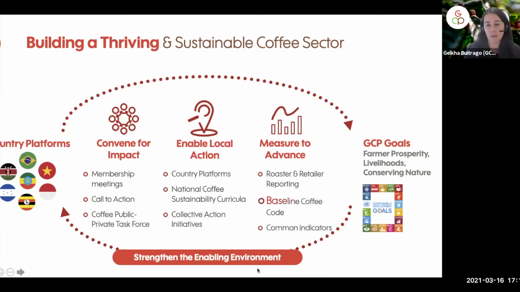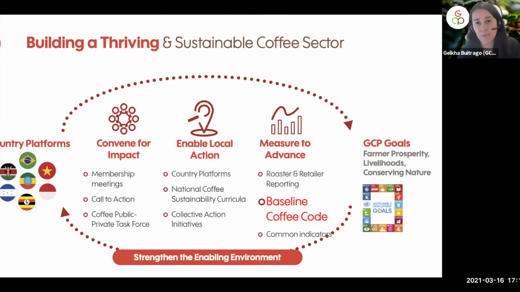As we develop this shared understanding, we also can make progress in terms of seeing how we are advancing, or what areas actually require more attention. So it's very close to our work on measurement. The work that GCP does has a very strong link to the work of the country platforms.